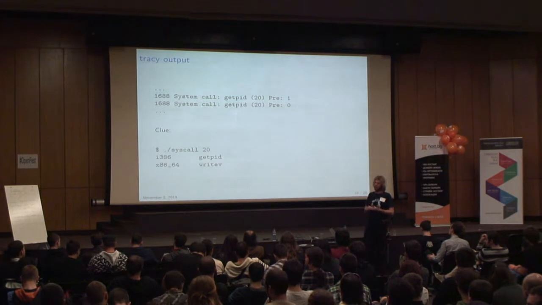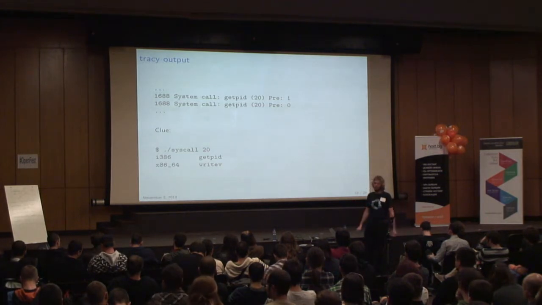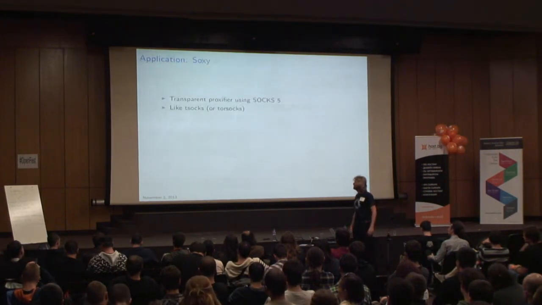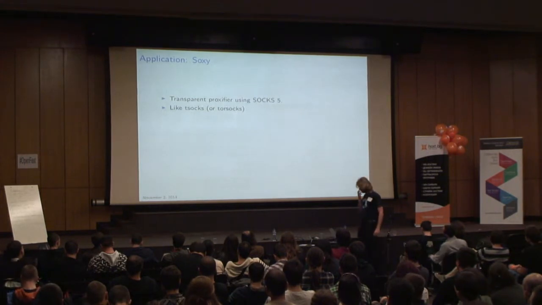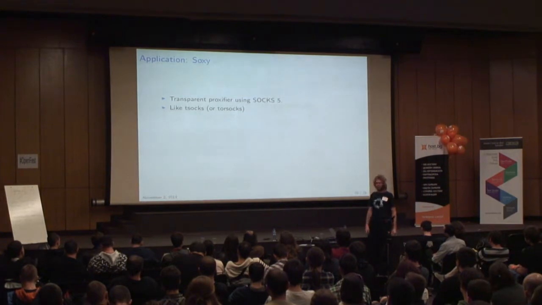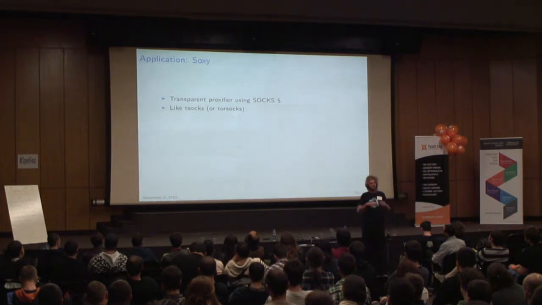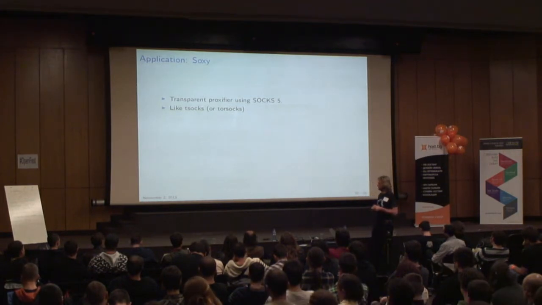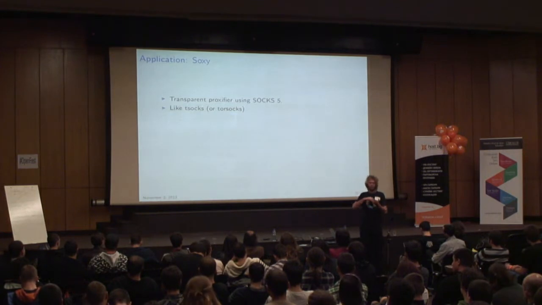It will inject several system calls, for example, to write several bytes to say, hey, this is us, we're speaking SOCKS5, and we'd really like to transfer some data on the socket. And once the initial handshake is complete, then it will return to the original program and return a socket structure that does the proper thing. And then the program can just do all its reads and writes on the socket, and it would never have noticed that it's in fact talking through a proxy. And this does not rely on any LD_PRELOAD hacks, and it should be perfectly safe. So you can't break out of it.